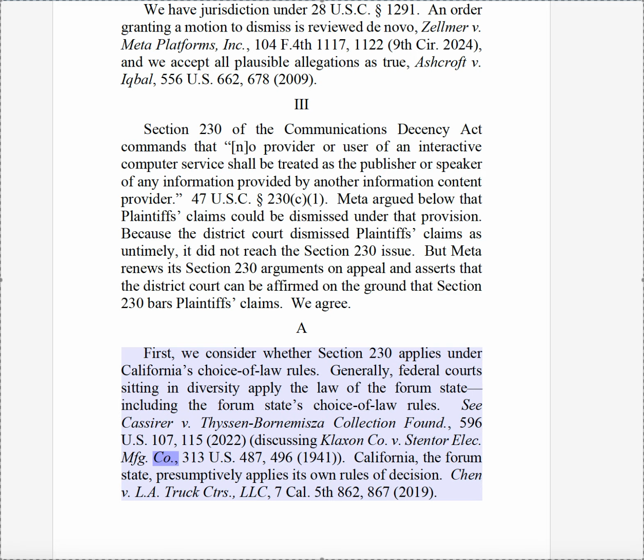Stentor Electric Manufacturing Company, 313 U.S. 487, 496, 1941. California, the forum state, presumptively applies its own rules of decision. Chen v. L.A. Truck Centers, LLC, 7 Cal. 5th 862, 867, 2019.